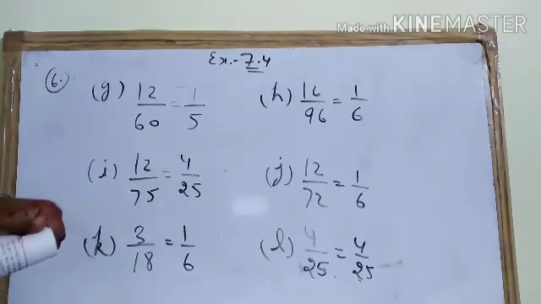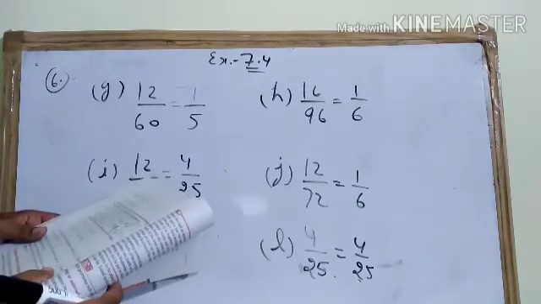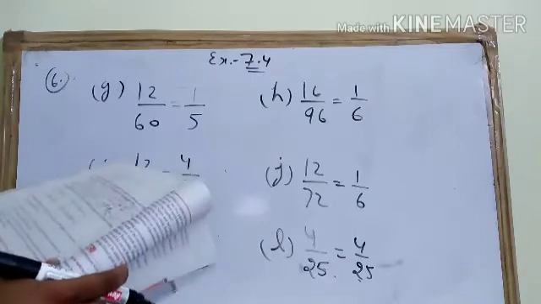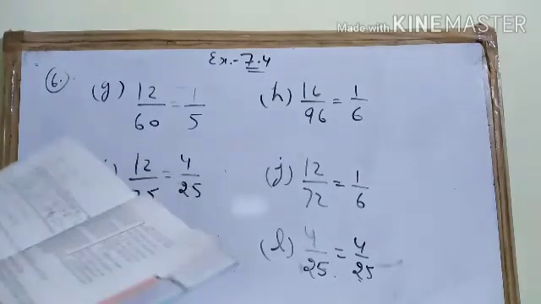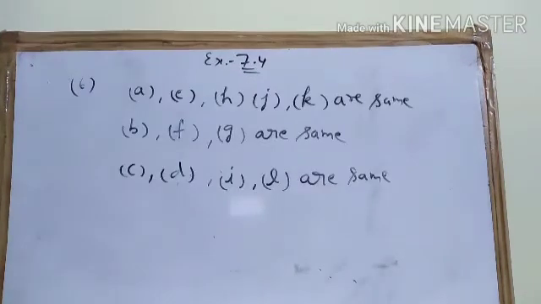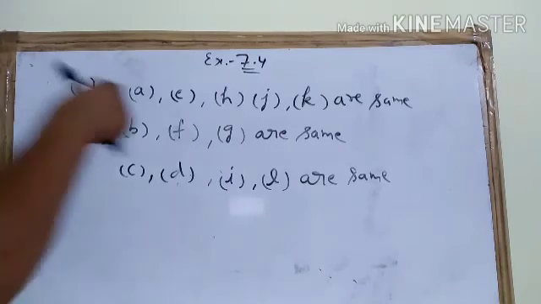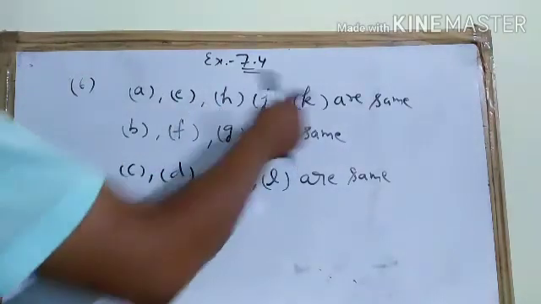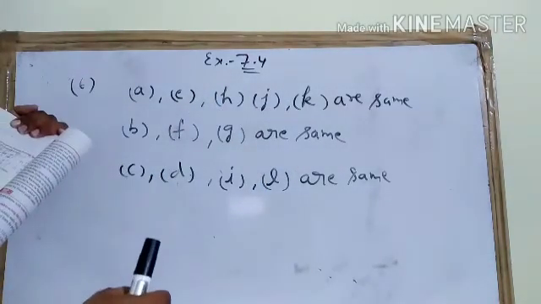Now we have solved all the parts. Now we have to check these. Some parts are matching and we have to write which parts are matching and which are not matching. Students, by observing all the parts, we can conclude that A, E, H, J, K are the same. These all are 1 by 6.